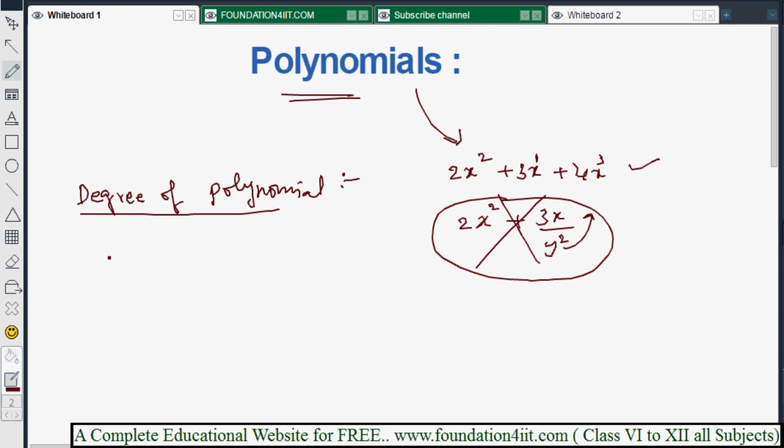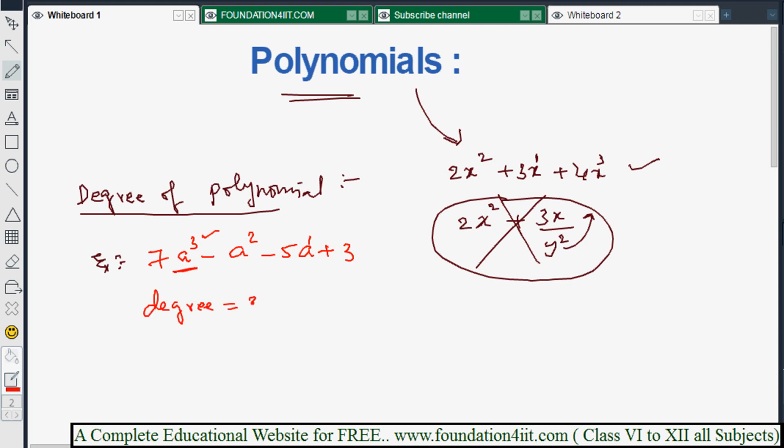For example, I am taking one question: the polynomial 7a cube minus a square minus 5a plus 3. This is a combination of four terms. Your highest power of the variable in a polynomial of one variable: a power 3, a square, and a power 1. A is the variable, but the highest power is 3. So the degree is equal to 3.